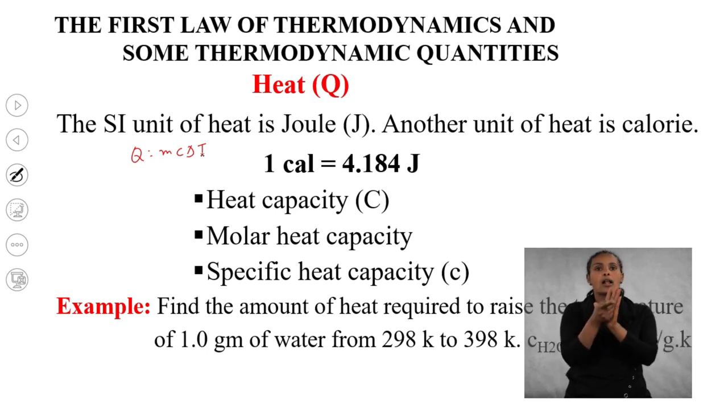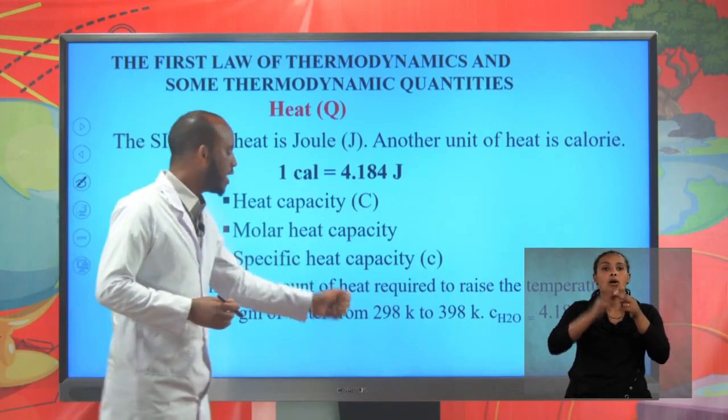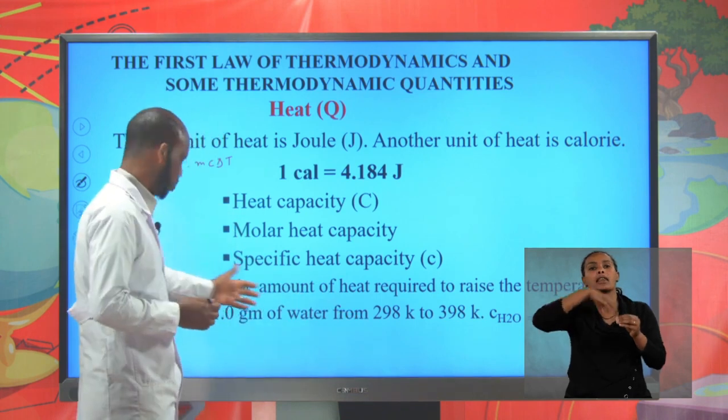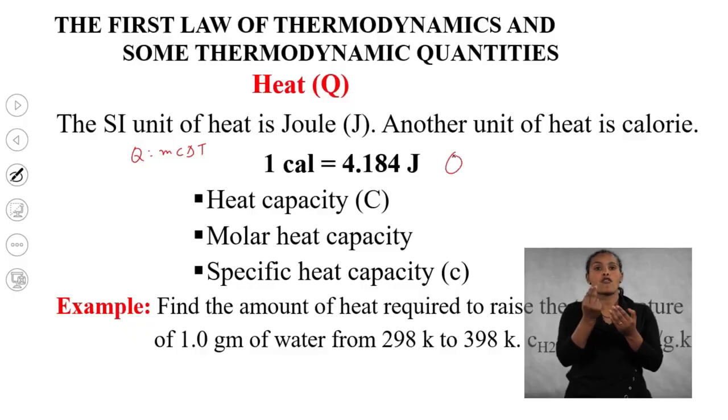Example: find the amount of heat required to raise the temperature of 1 gram of water from 298 Kelvin to 398 Kelvin. Given specific heat capacity of water is 4.184 joule per gram Kelvin. We can calculate heat using the formula Q equals M times C times change in temperature.